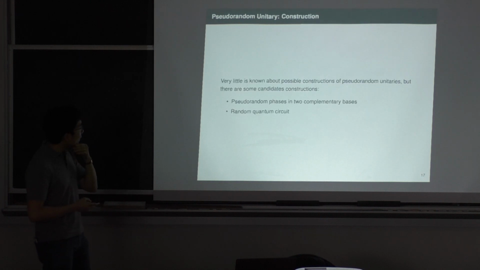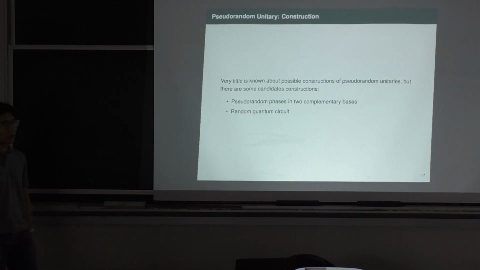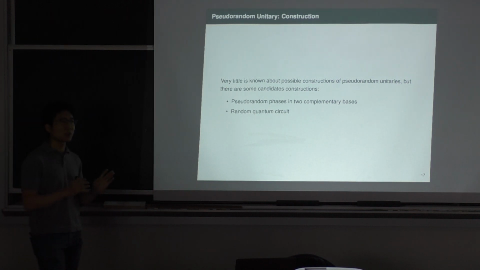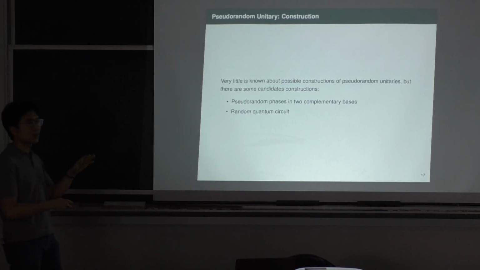That said, I should say constructing a pseudorandom unitary family is a topic of ongoing investigation. A lot of people are thinking about it, but basically nothing is known about this. There are some plausible constructions. For example, if you have pseudorandom bases in two complementary bases, and you alternate like this many times, I think it's plausible that you can get a pseudorandom unitary, but nobody was able to show this.